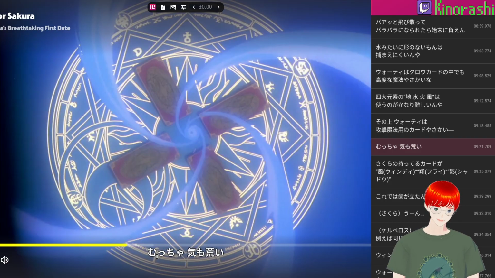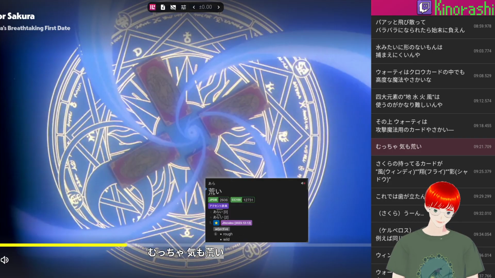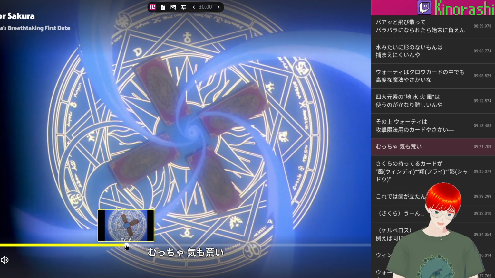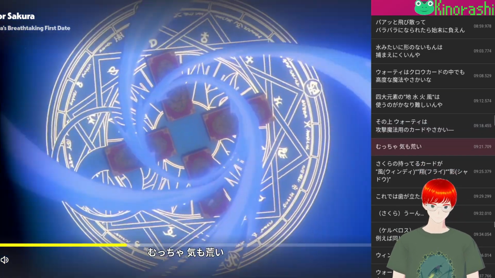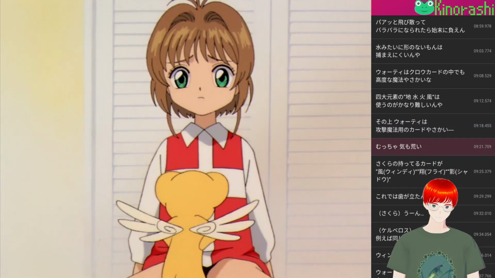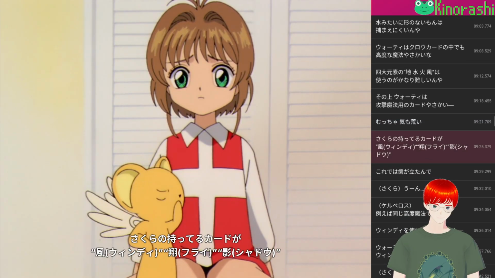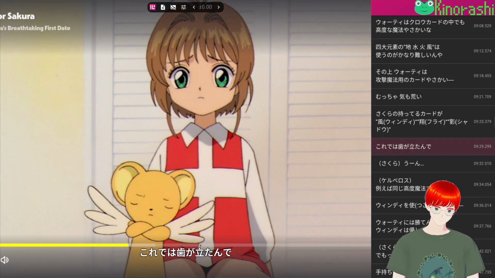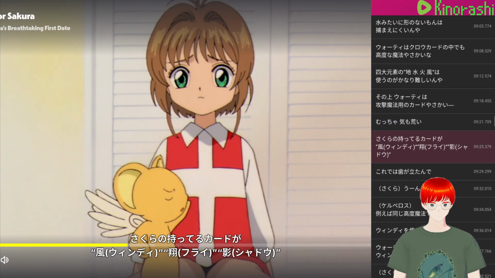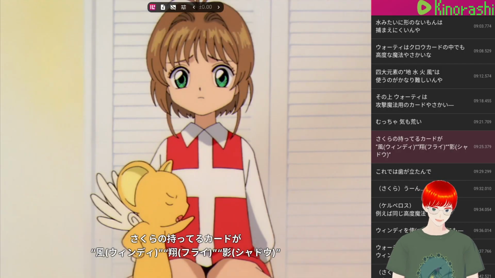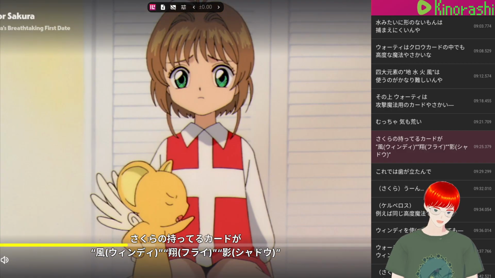So mucha ki mo arai. ウォーティは攻撃魔法用のカードやさかいむっちゃキーも荒い。さくらの持ってるカードがウィンディ、フライ、シャドウ。Sakura no motteru kaado.